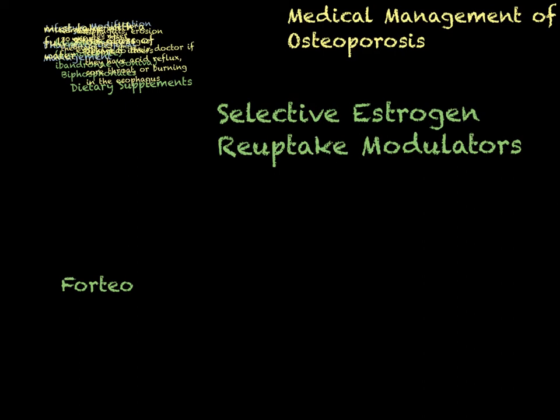And the prototype for this drug, and it might be the only one that I see mentioned in any of your stuff, is Evista. And Evista is also known as raloxifene hydrochloride.